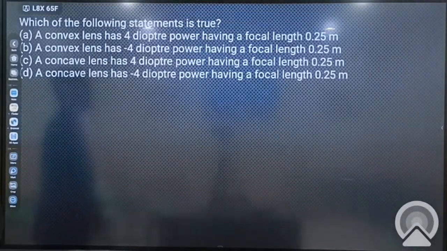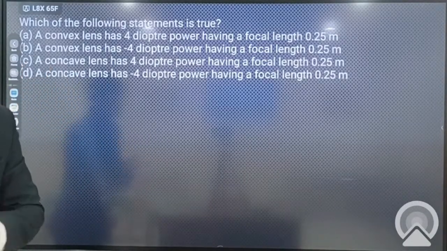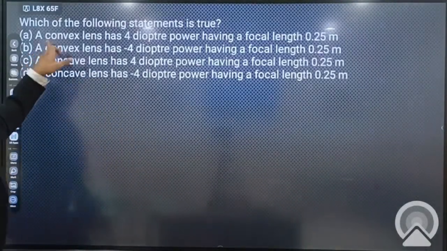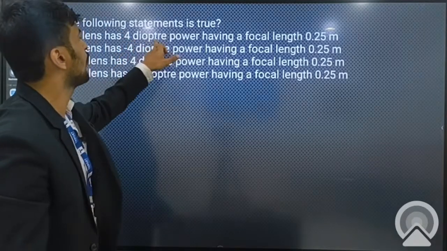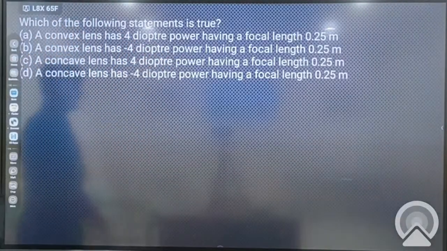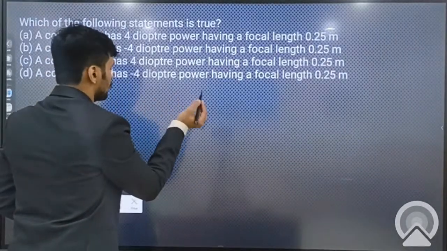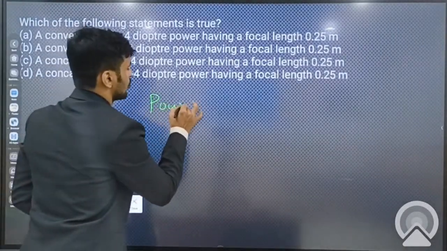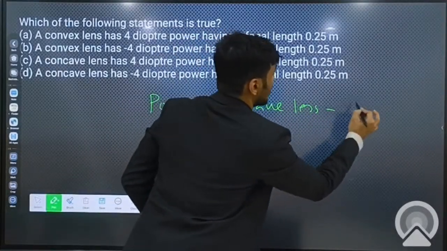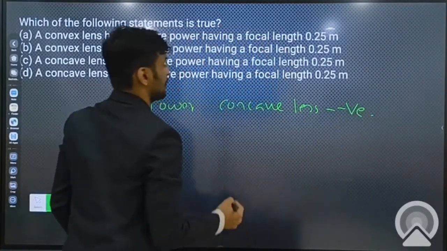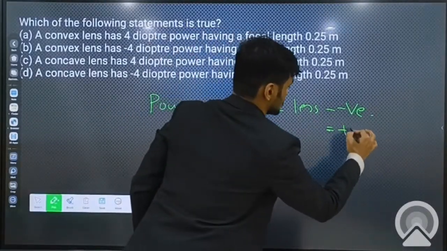Which of the following statements is true? First, a convex lens has 4 diopter power. I forgot to tell you something: the power of a concave lens will be negative, and the power of a convex lens will be positive.